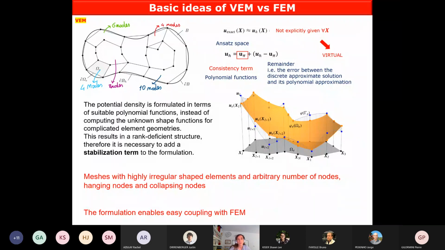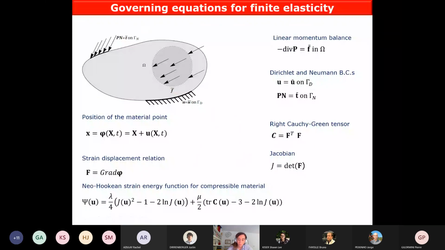And it is possible to deal with an arbitrary number of nodes. This is just to give you a general idea of the method. With this in mind, we can now move to the main part of this talk.